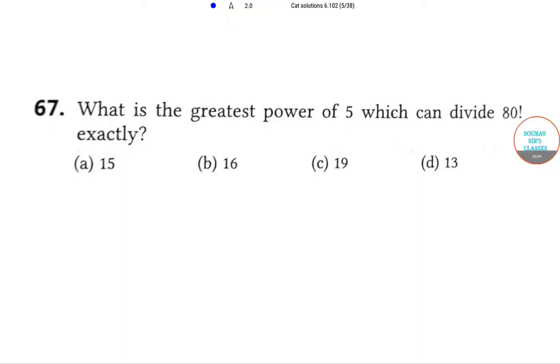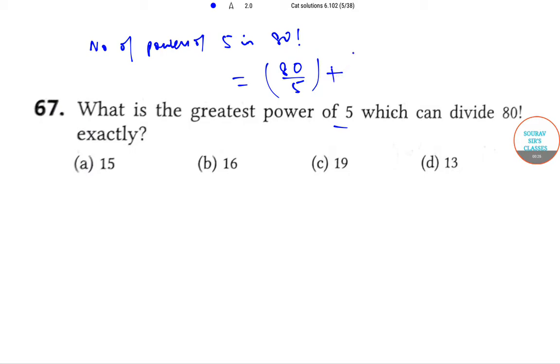The next question is, what is the greatest power of 5 which can divide 80 factorial exactly? So the number of powers of 5 in 80 factorial is 80 by 5 plus 80 by 5 squared.